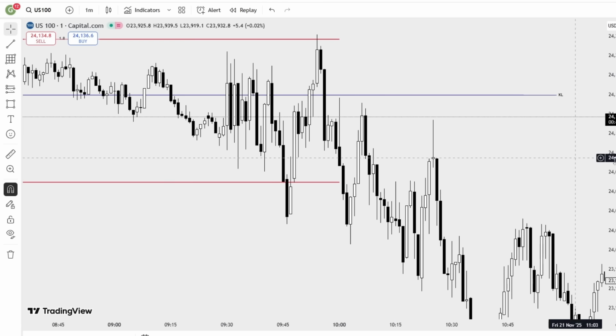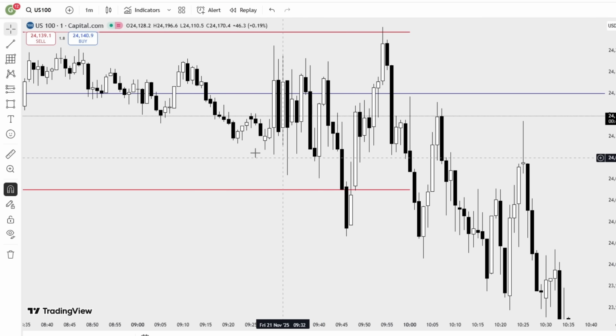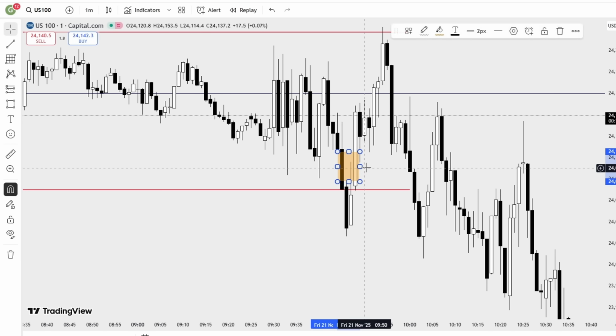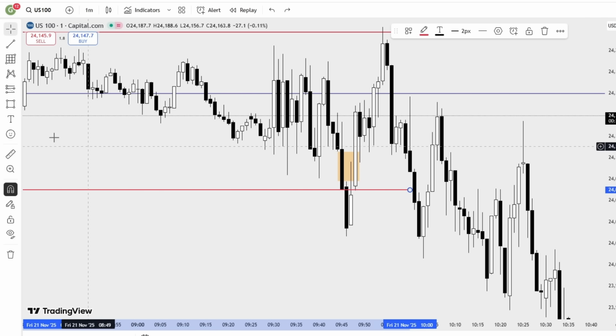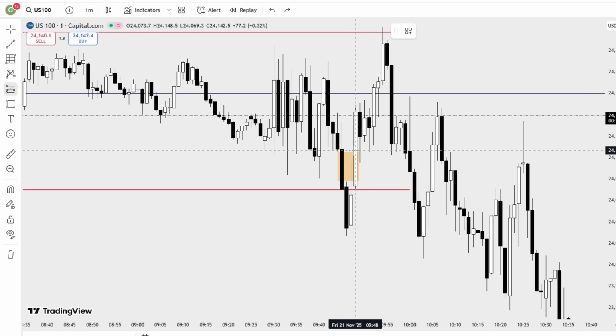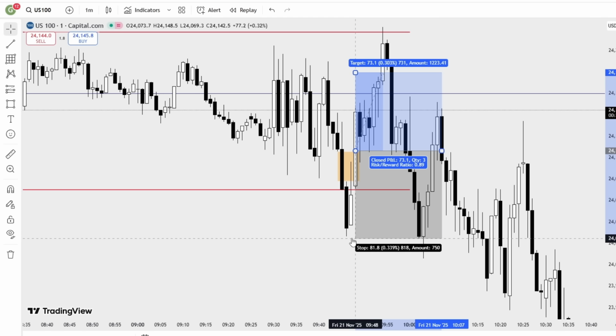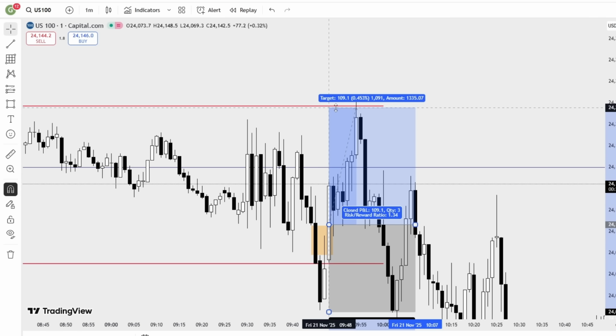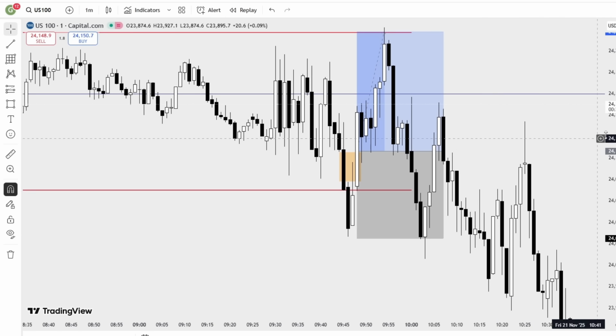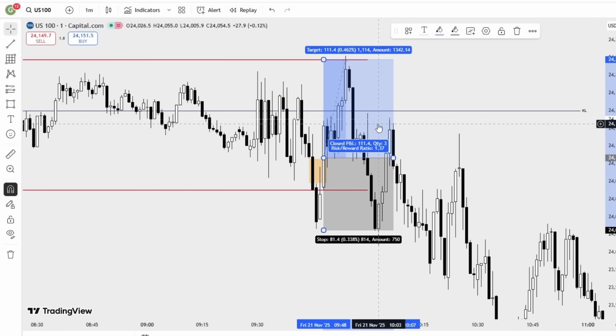So pay attention here. If you just wanted to trade, go trade it. Here's your entry, there's an inverse fair value gap. You can long here, losing this fair value gap, and aim for this high. It's perfect, but 1.3R, what are you doing?